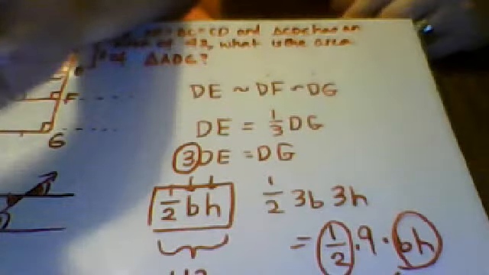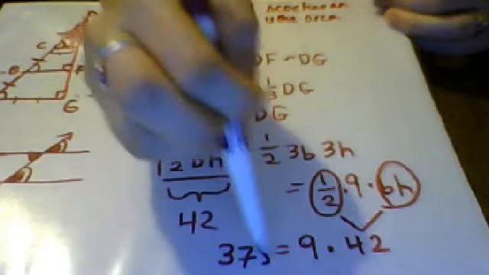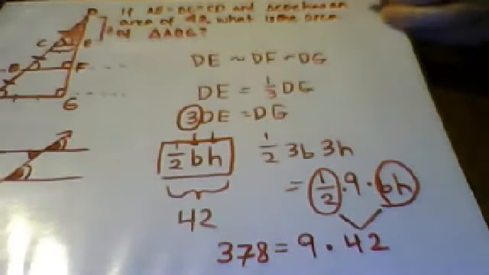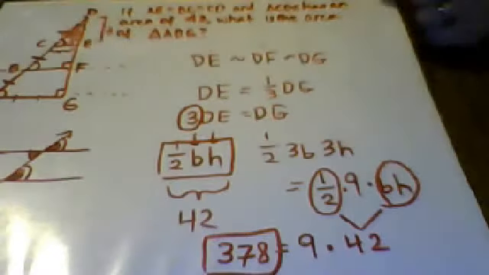So all you have to do is multiply 42 times 9, because here's that 9 where it falls out, which is equal to 378. So the area of the largest triangle is going to be 378.